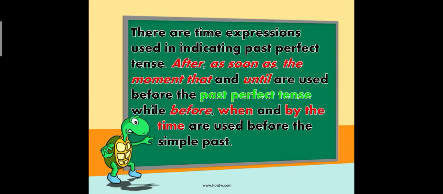There are time expressions used in indicating past perfect tense, such as after, as soon as, the moment that, and until, which are used before the past perfect tense, while before, when, and by the time are used before the simple past. So those time expressions can help you to analyze which is the past perfect tense and the simple past in the sentence.